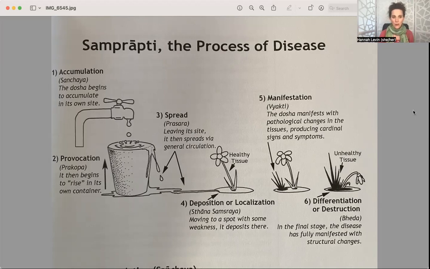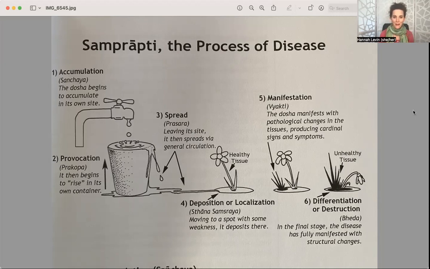Our digestive organs are the seat of each of the doshas. The stomach is the seat of kapha, the small intestine is the seat of pitta, and the large intestine and colon is the seat of vata. So we want to keep everything in the digestive tract, ideally, in terms of imbalances.